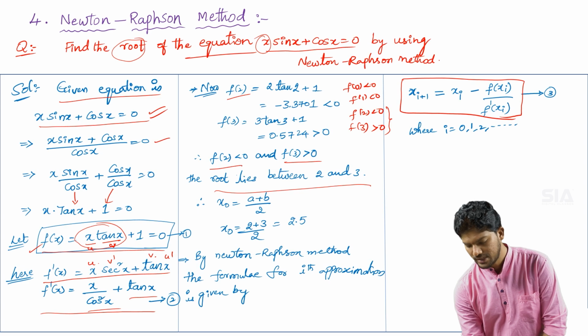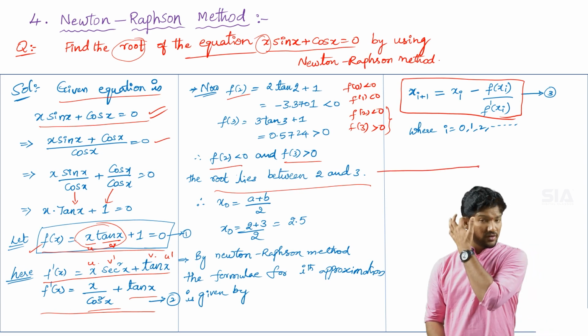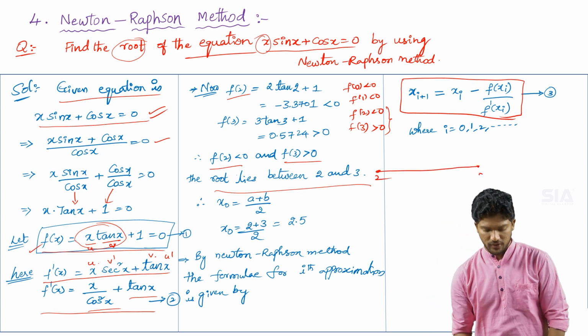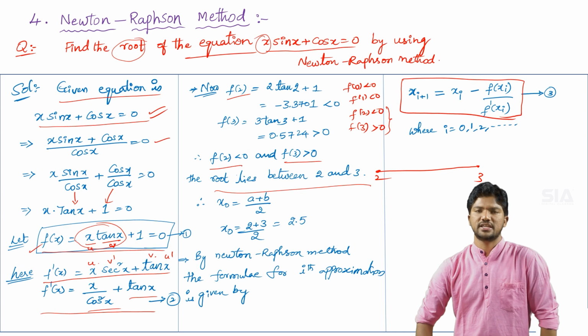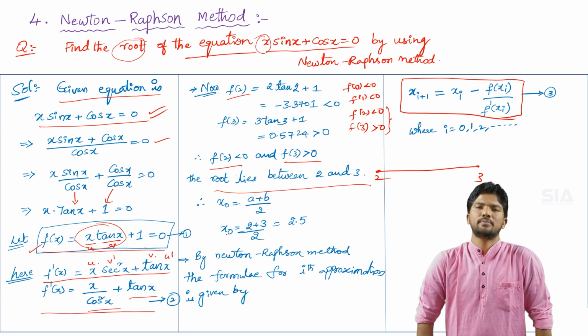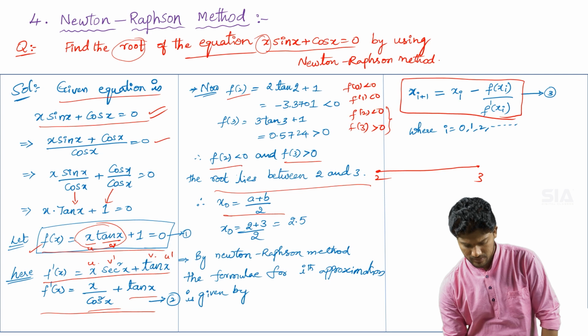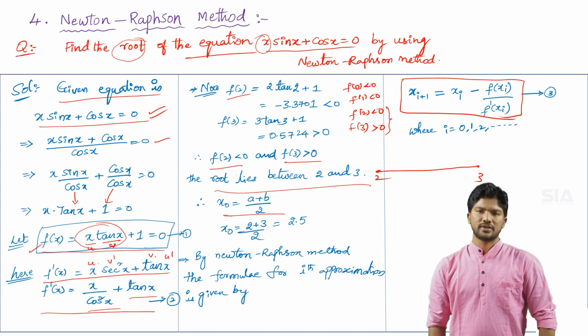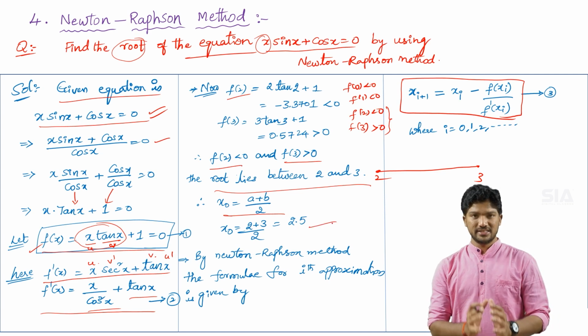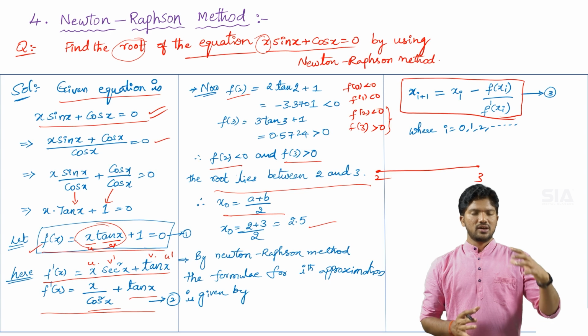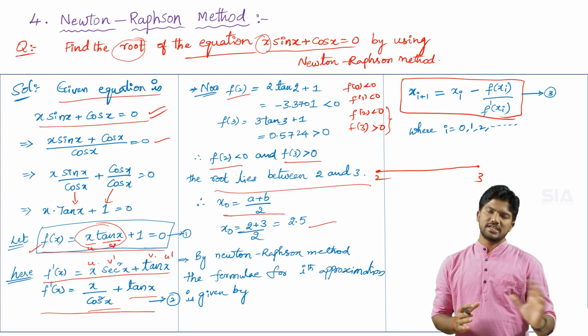Now we take the initial approximation x naught equal to a plus b by 2, the same as in the previous method. x naught is equal to 2 plus 3 by 2, which is 2.5. This initial approximation is the only thing that changes for the iteration method.